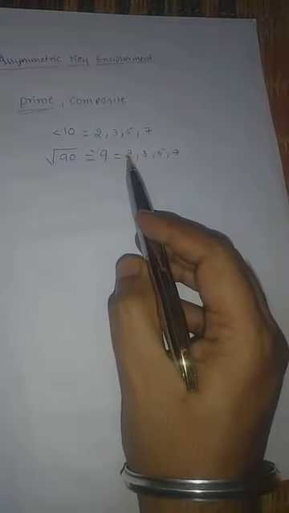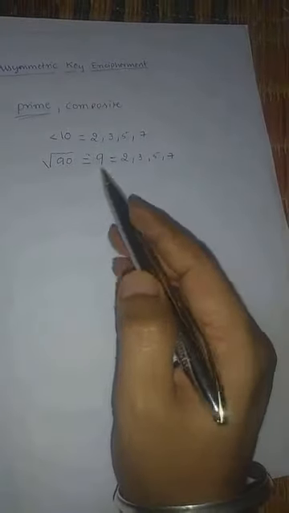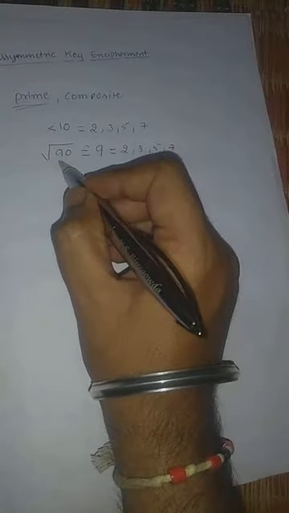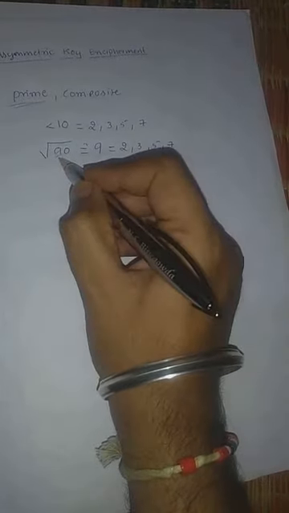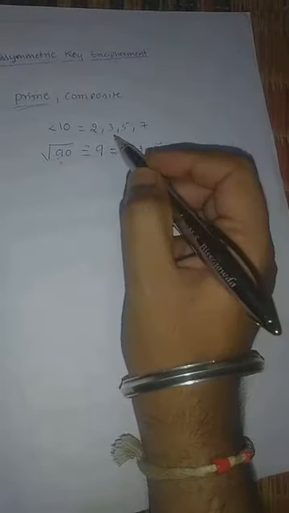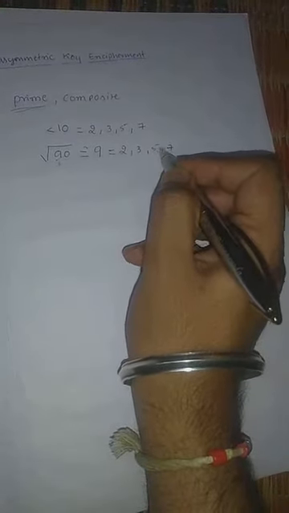Now just verify whether 90 is divisible by 2. If you consider this 90, 2 4s are 8, again 2 5s are 10. Yes, it is divisible by 2. And what about 3? 3 3s are 9, and 90 is divisible by 3 also, it is divisible by 5 also, but it is not divisible by 7.